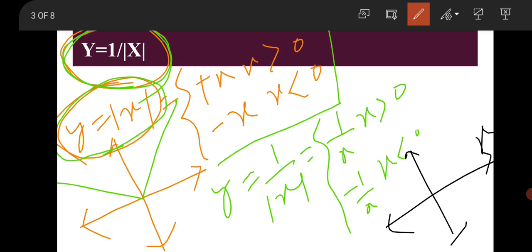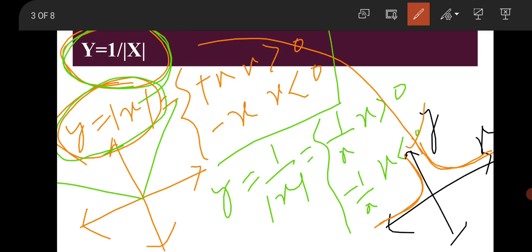This is our x axis, this is our y axis, and the graph will be like this. This is the graph for y equal to 1 by mod x, and this is the graph for y equal to only mod x.